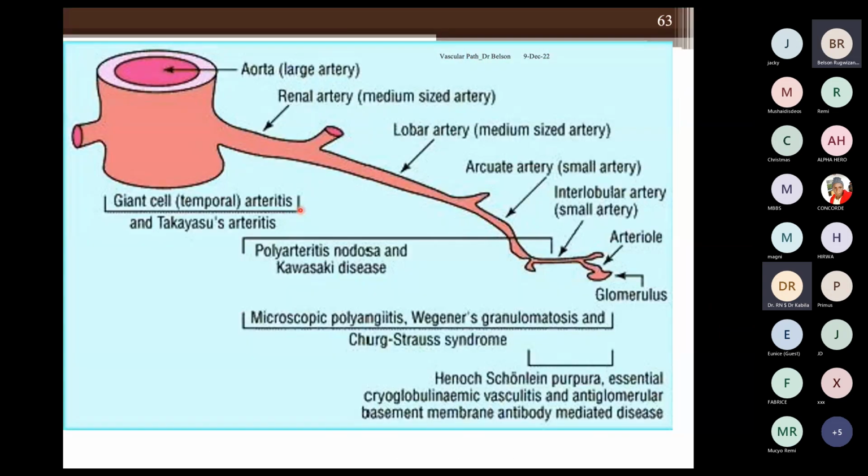So any question? Because we are done. So this is the same diagram I had shown.